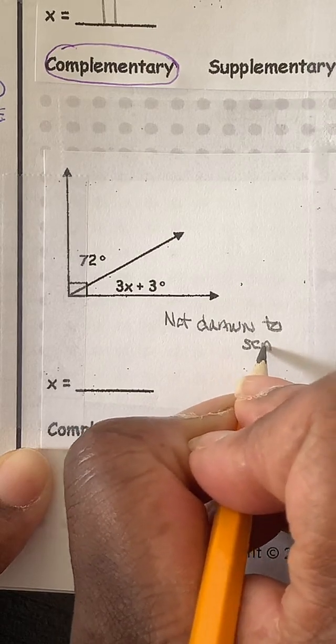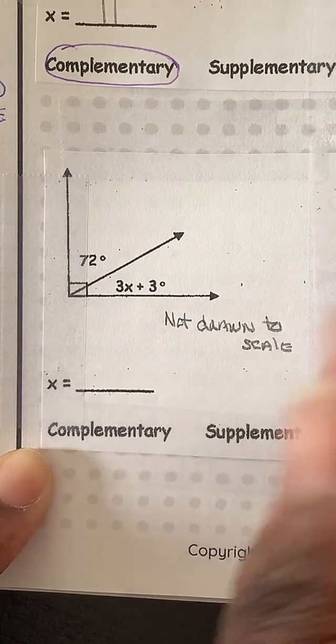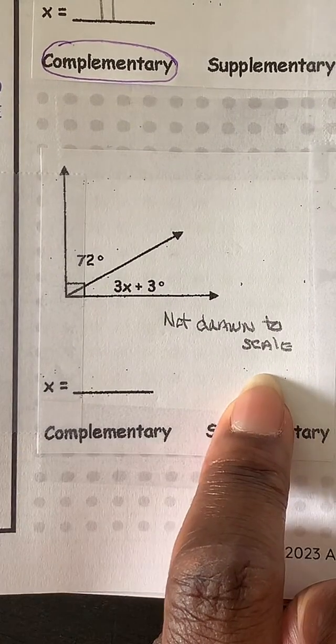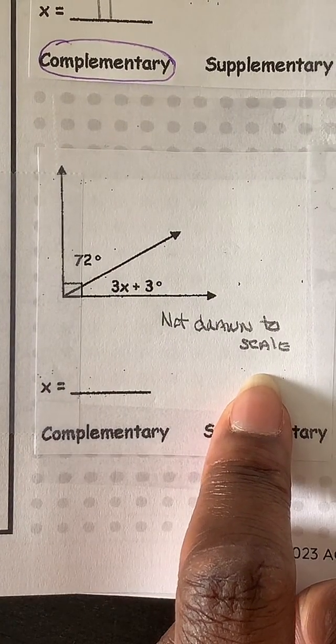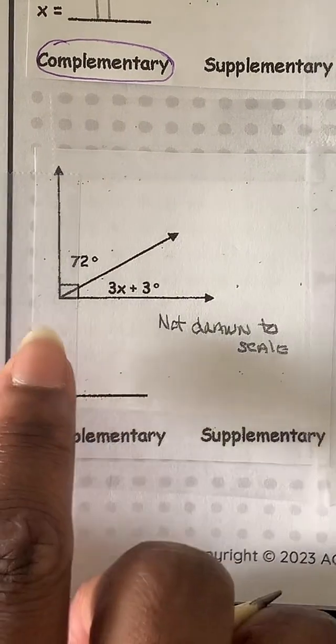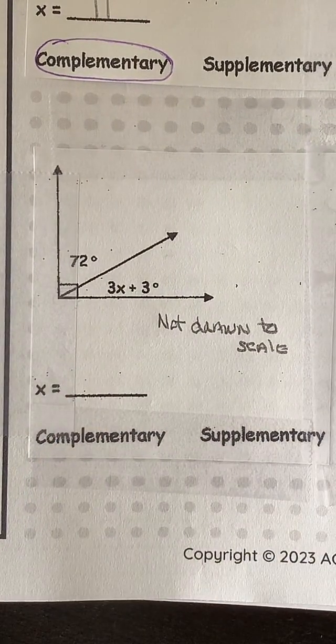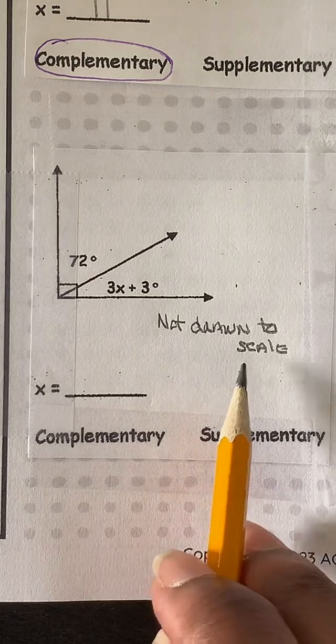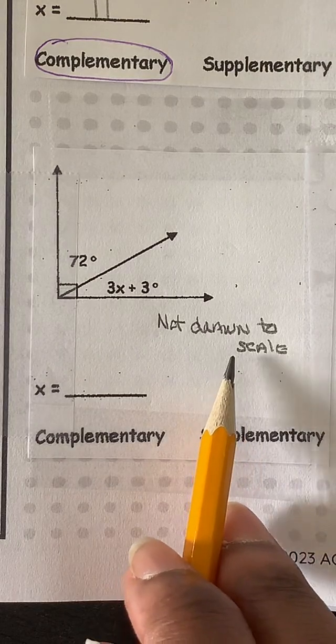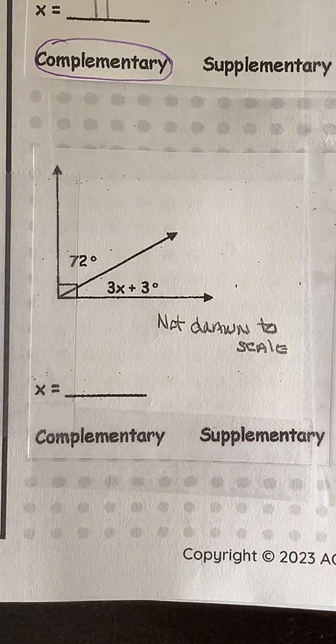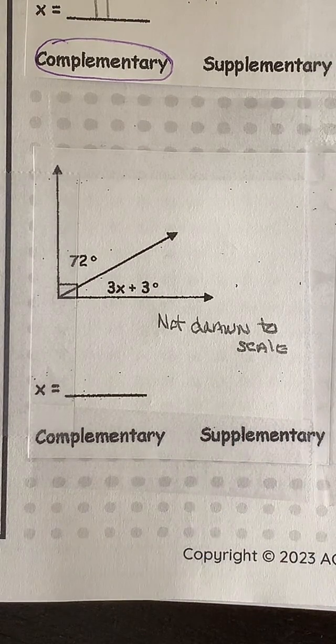If you ever see this phrase, it looks like 90 degrees, but guess what? It could be something like 128. And you're like, wait, that doesn't look like 128. Boom. Anytime they have the phrase "not drawn to scale," you can't use your eyes. I just want to give you guys a fair warning.